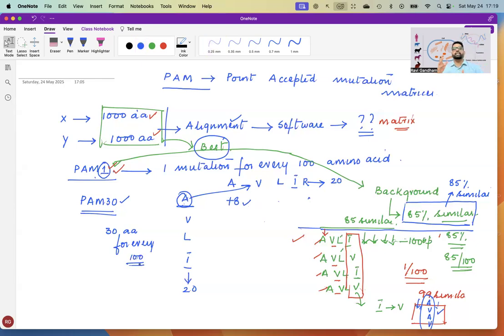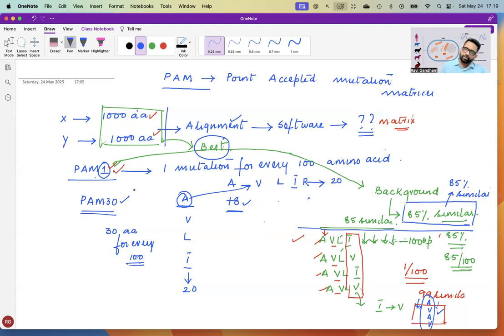And within those chunks, again, it will calculate the probabilities of alanine matching with alanine, alanine matching with valine, alanine matching with lysine, or whatever it is. And then it will give you the scores. The probabilities are again converted into log of odds, and then you'll get the scores.